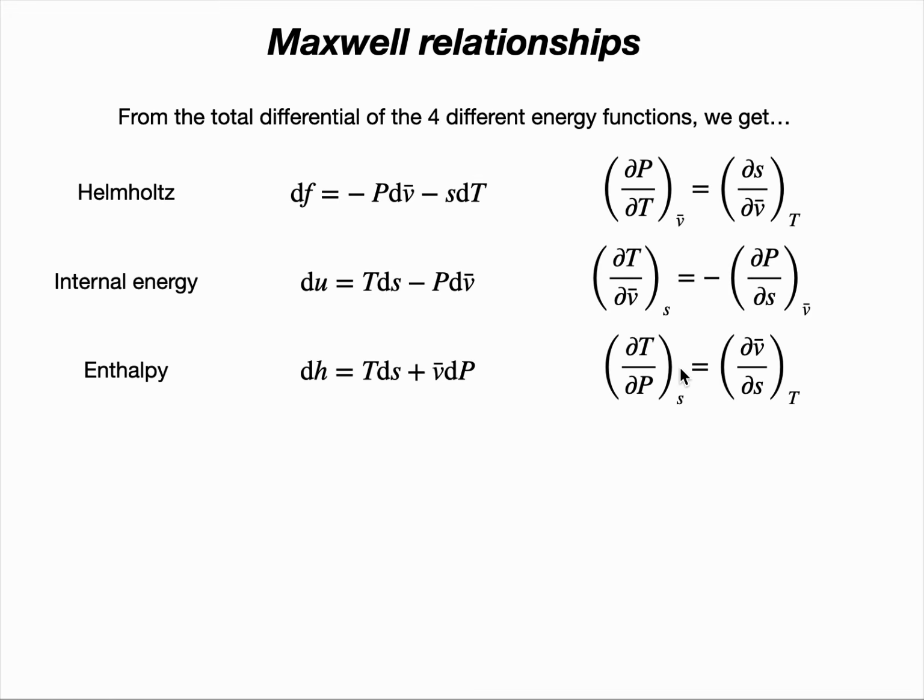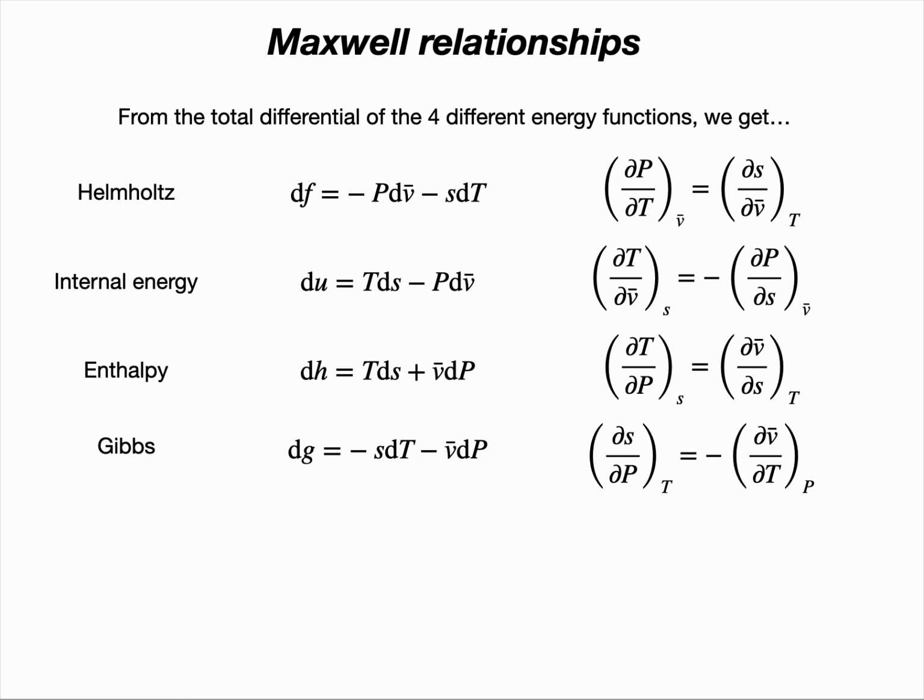For enthalpy, we get dt dp at constant s equal to dv ds at constant t. And last but not least, Gibbs will give you ds dp at constant t is equal to minus dv dt at constant p. So we have now built some relations between quantities that are not easily measurable.